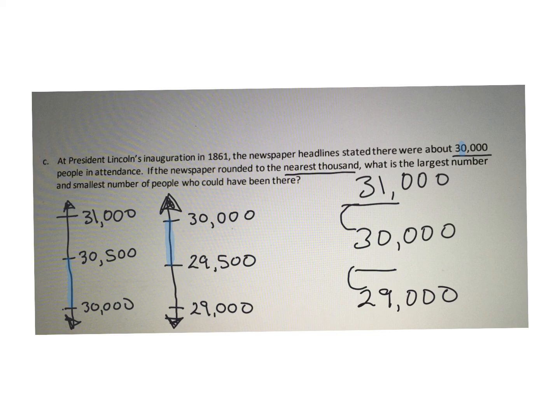So the lowest number that we could have of people attending the inauguration would be 29,501. Because if it's 501 and anything above that would round up to 30,000. So that would be our smallest number.